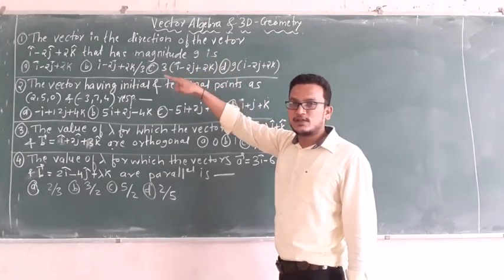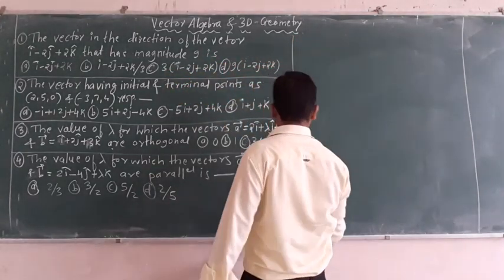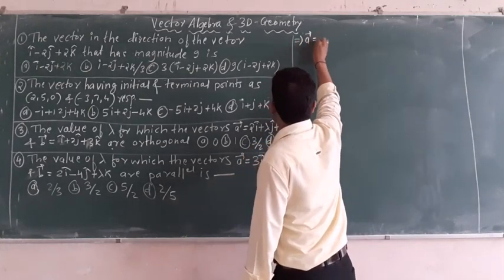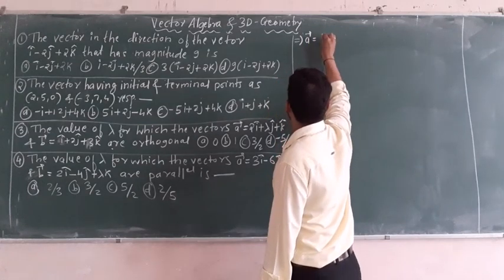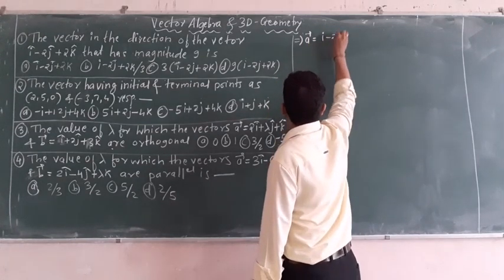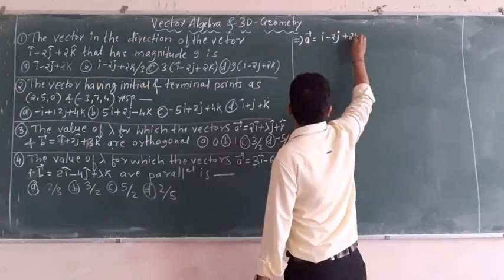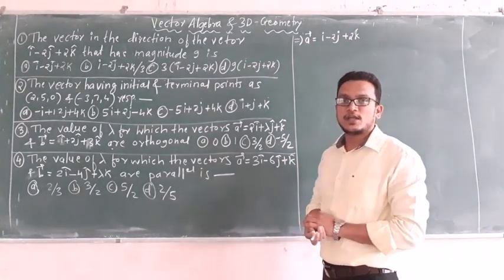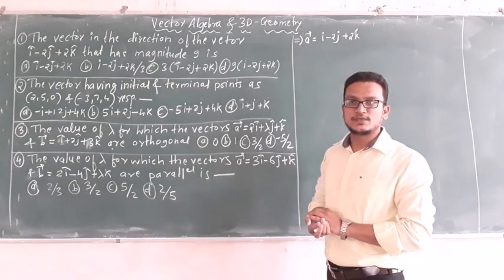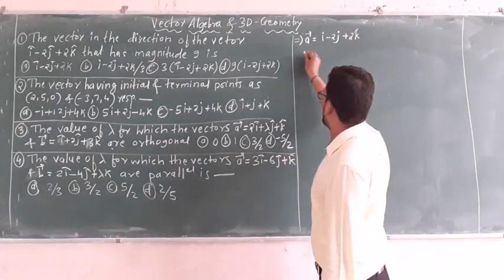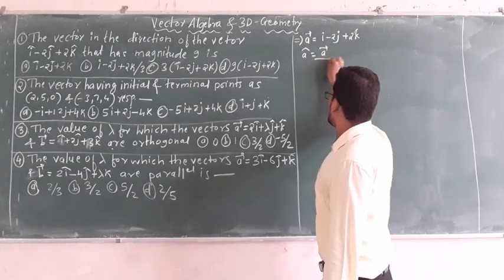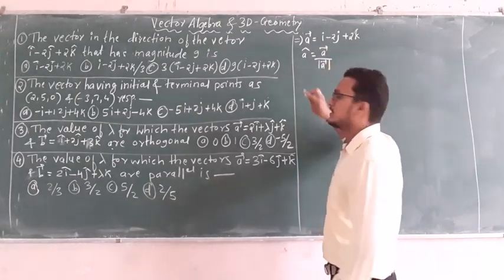Whatever vector is given, we denote it by a name: vector A is equal to i minus 2j plus 2k. Once you denote that by vector A, you have to find the unit vector of that. The formula is A cap equals vector A divided by magnitude of vector A.